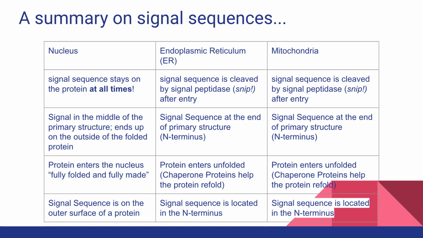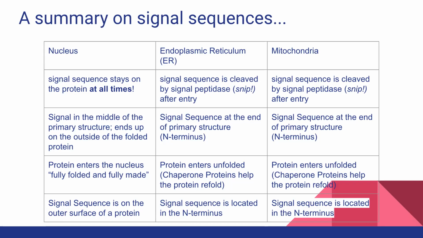All right, so I mentioned that, but just to reiterate, for nuclear localization sequences, the signal is in the middle of the primary structure, so it ends up on the outside of the folded protein. For ER localization and mitochondrial localization, that signal sequence is found on the N terminus and will be cleaved. For nuclear localization, the protein will enter the nucleus fully folded and fully made.